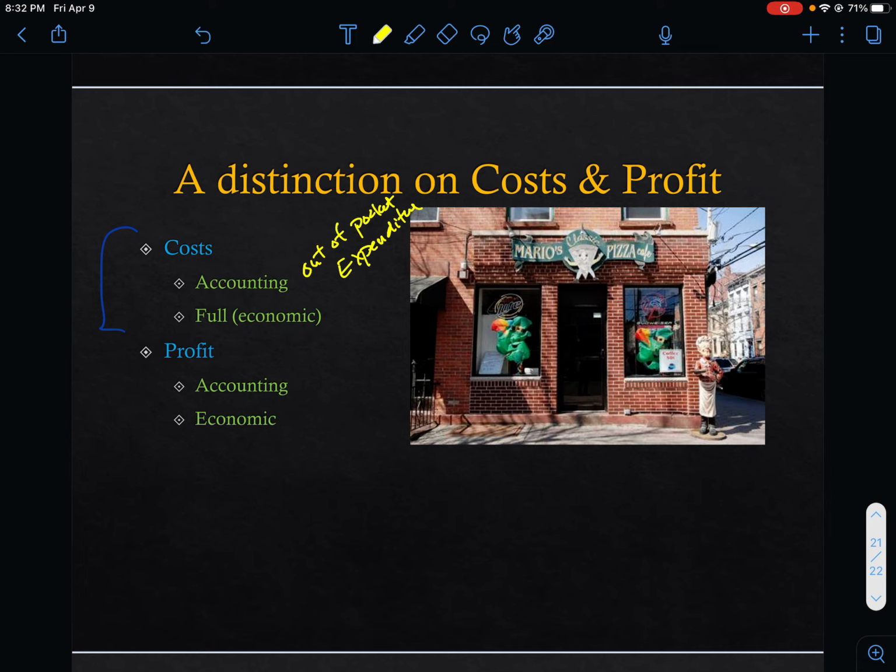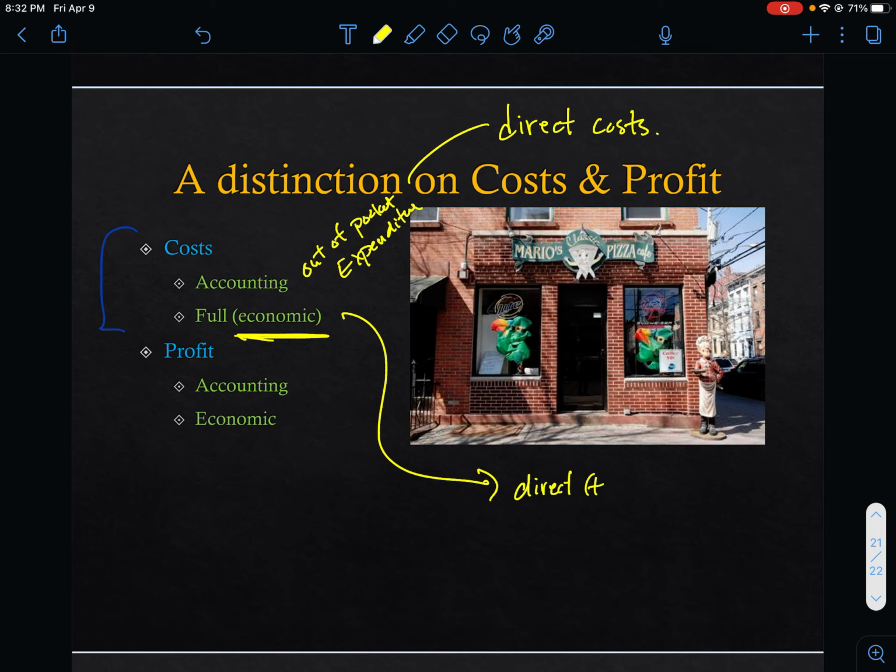You could also think of those as direct costs. So put that up here. The economic understanding of costs is richer, it's bigger. It's direct plus indirect costs, and so you could think of this as opportunity costs.